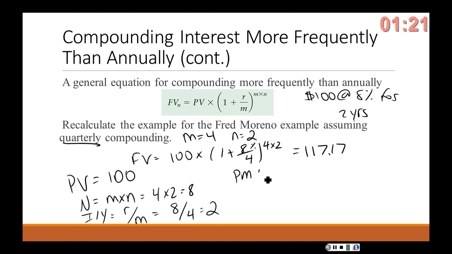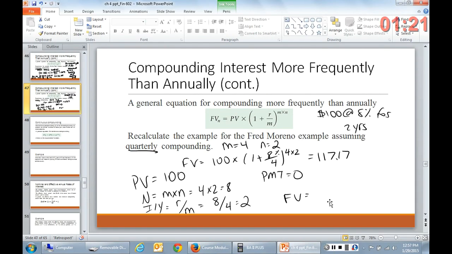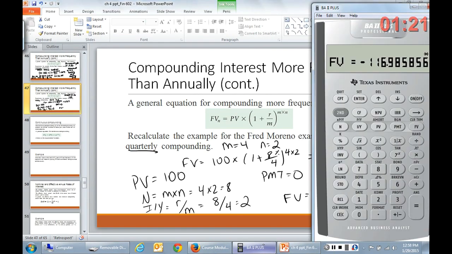The payment is 0, and we're wanting to solve for the future value. So first step is to clear the time value of money. Present value is 100. N is 8. The interest rate is 2. The payment is 0. And we're computing the future value. And you get $117.17.